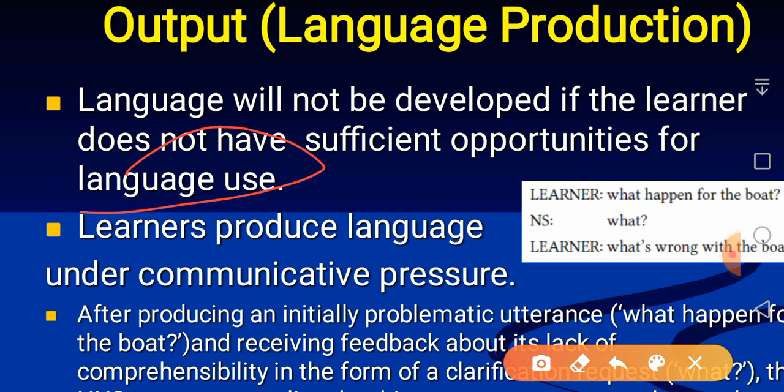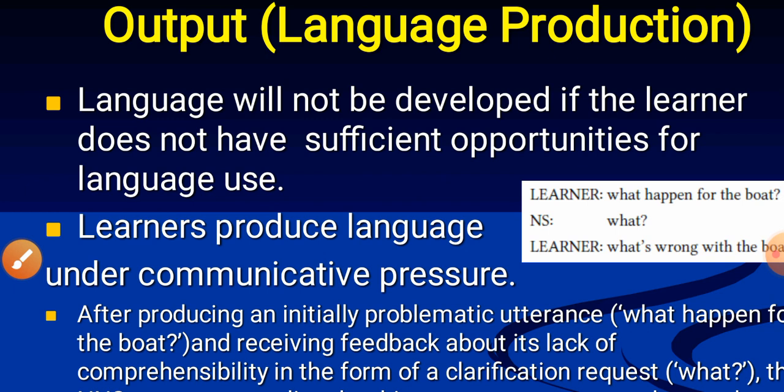At the outset of my linguistic career, I didn't know of this interactionist theory, but by my intuition, I knew that language would be developed once learners would be put into interactionist mode, that is interactions. So our language is not developed because we are not offered sufficient opportunities for language use.